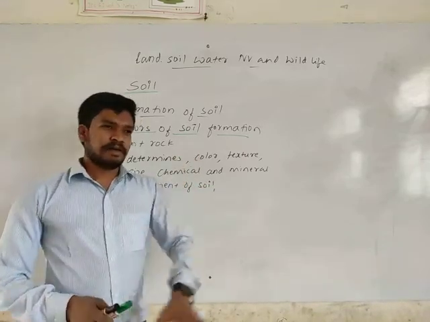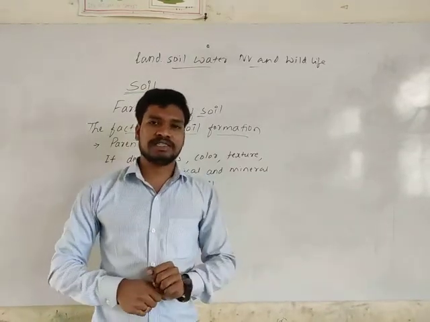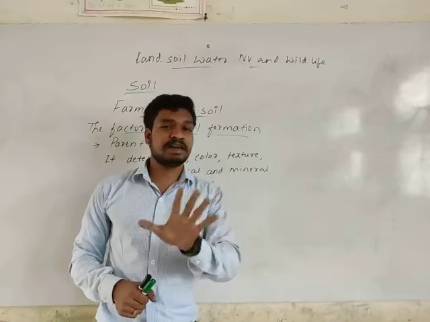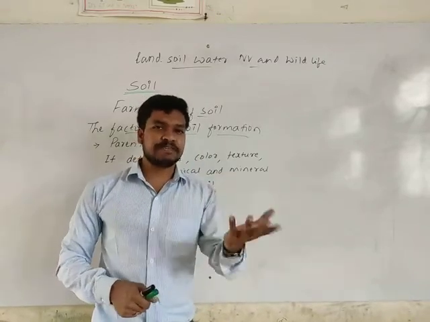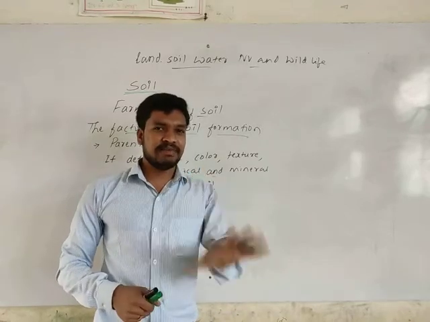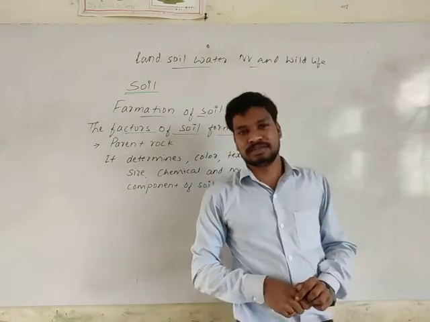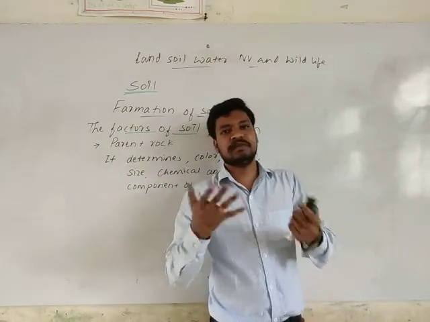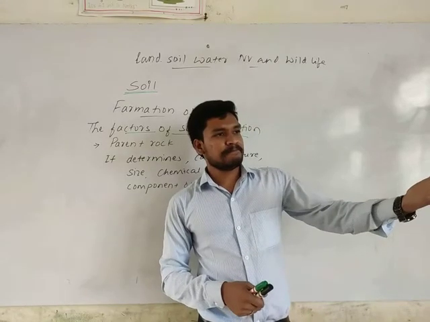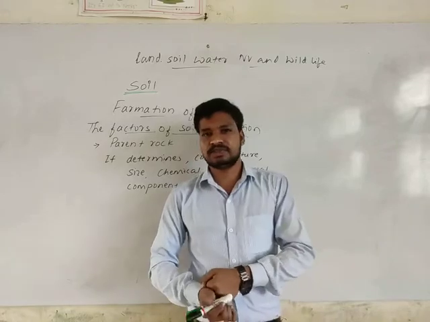The soil on the earth's surface, the thin layer which covers the earth's surface, is not of the same color, is it? It differs in color, it differs in its size, and every soil does not have the same quality, like the same fertility, same humus. Every soil has a different humus in it. Every soil has a different color, like black, yellow, brown, red, is it not?